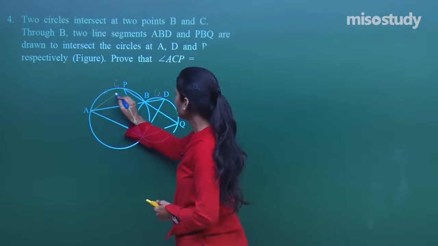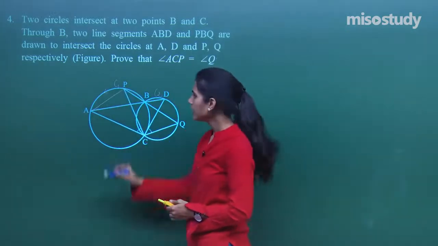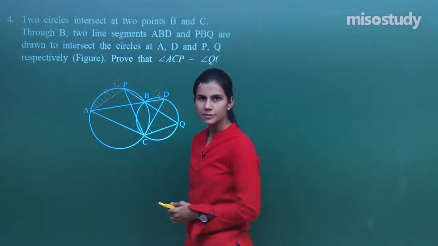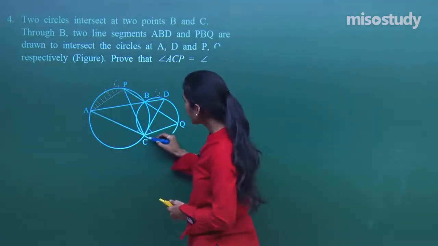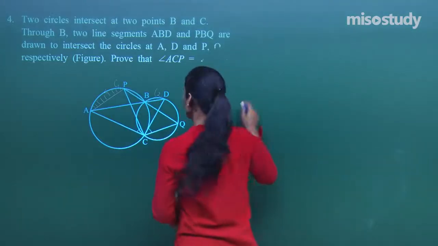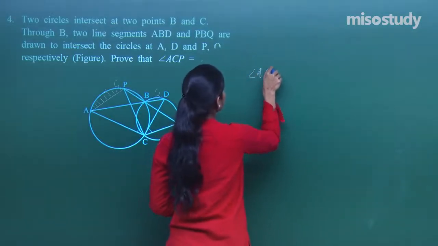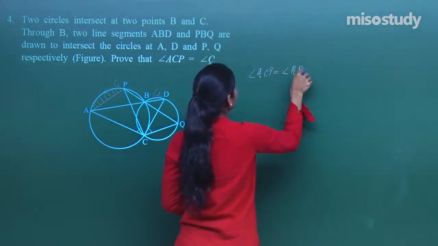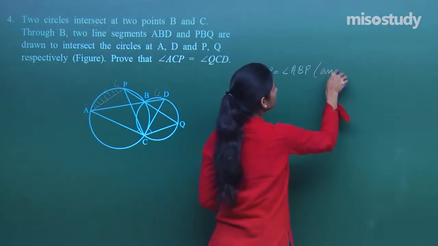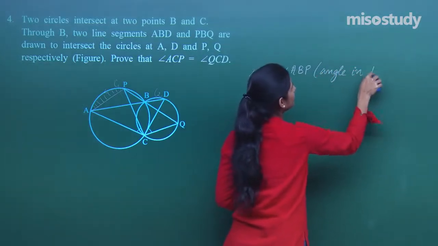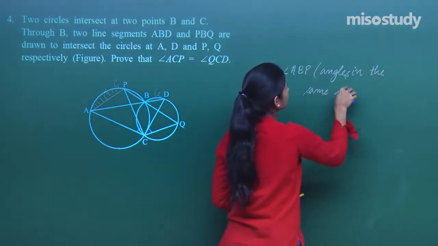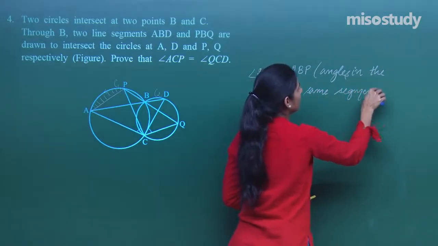If I join A with P and consider it as a chord, then I know this complete is one segment and left out is the other segment. So the angle ACP and angle ABP both are on the same side of the segment. So angle ACP is same as angle ABP. Angles in the same segment are equal.